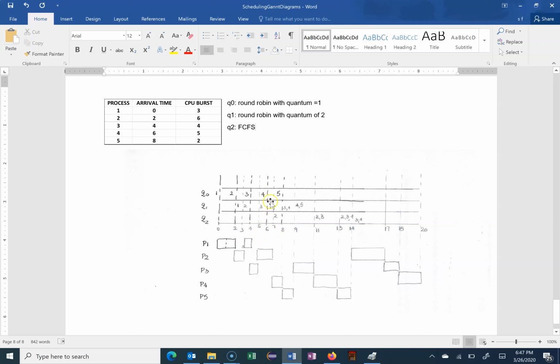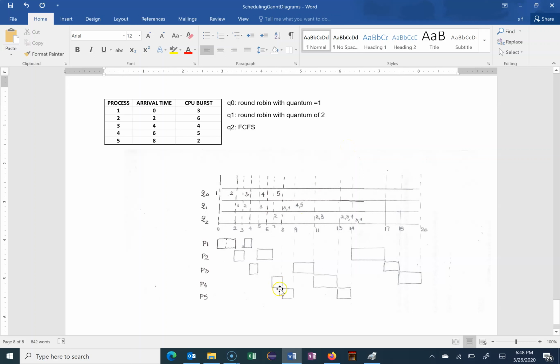However, at 6, we have process 4 coming into a higher priority queue, into Q0. So if we had a preemptive priority scheduling algorithm between queues, then process 2 would have been preempted. Okay, let's move on. So at 7, we have process 4 in the highest priority queue.